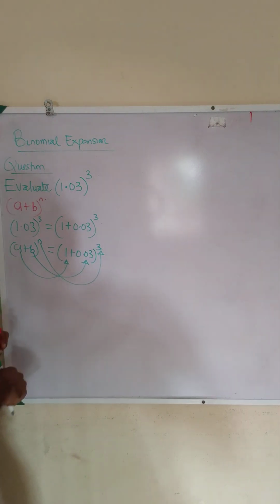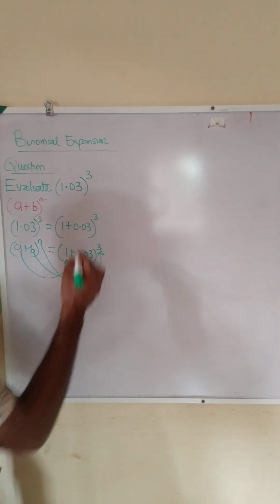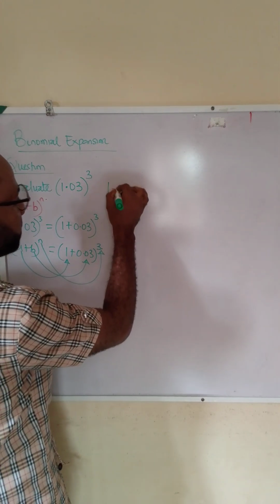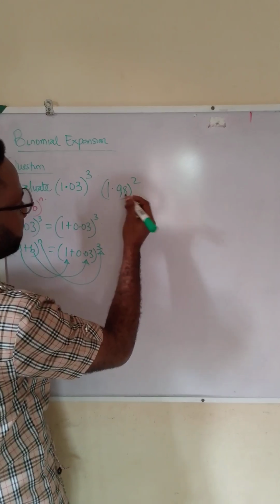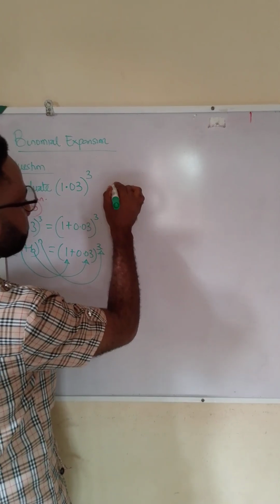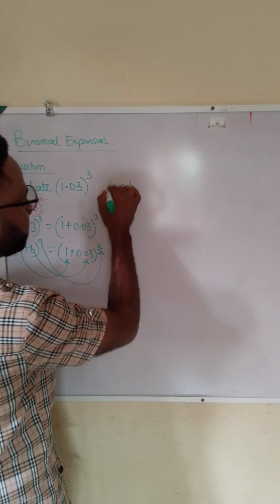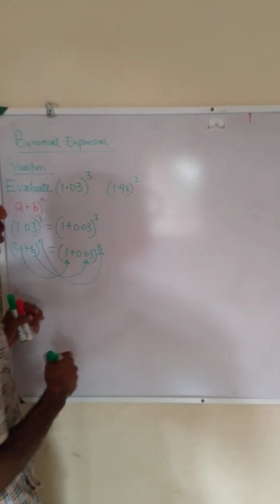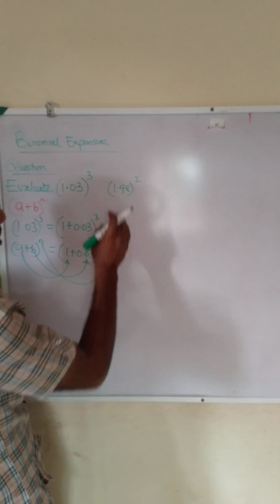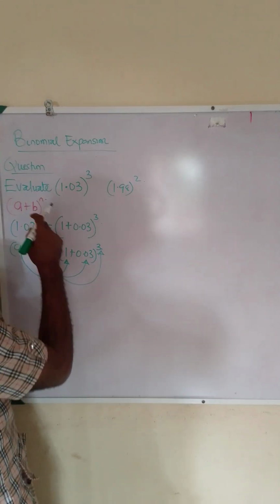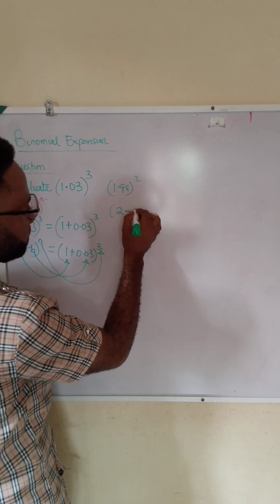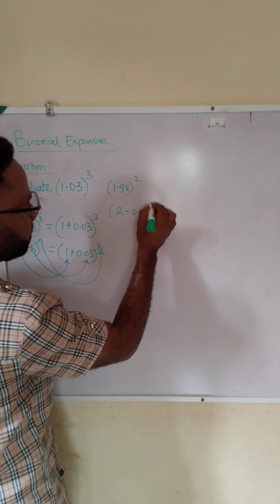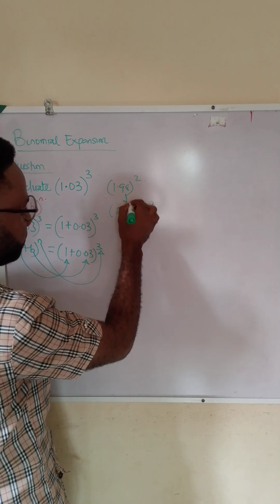Whenever you're given something of this nature, maybe 1.998 raised to power 2, or let's say 1.98 raised to power 2, you look for a way in which you can convert this to this form. For instance, 2 minus 0.02 raised to power 2 gives you exactly this.